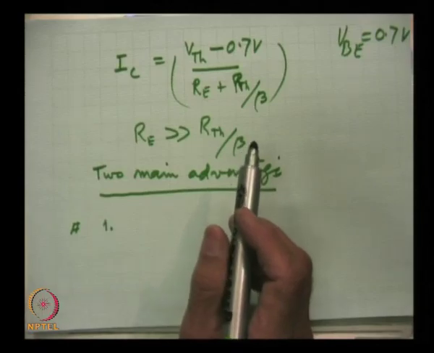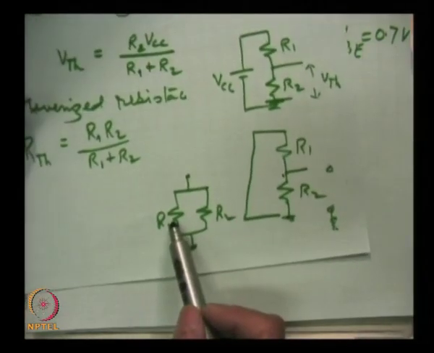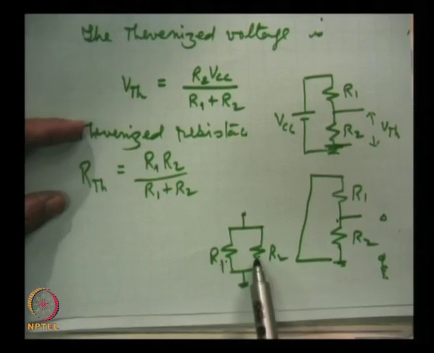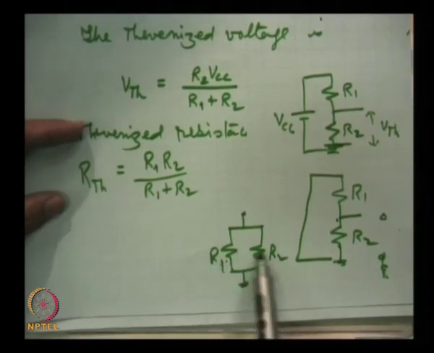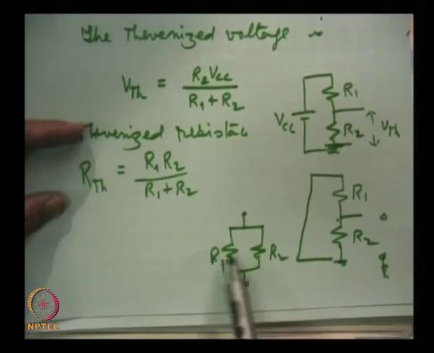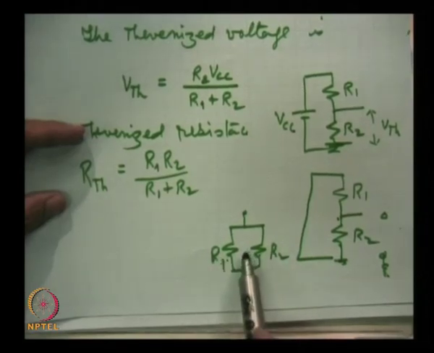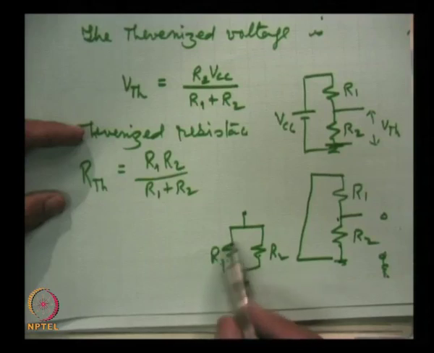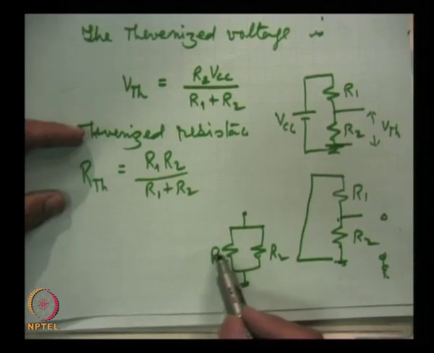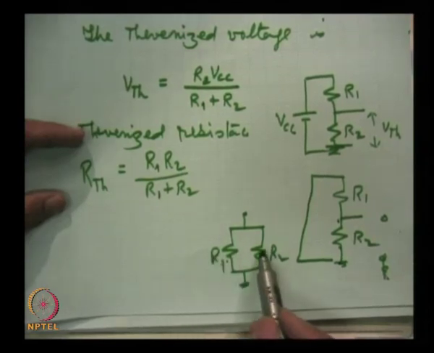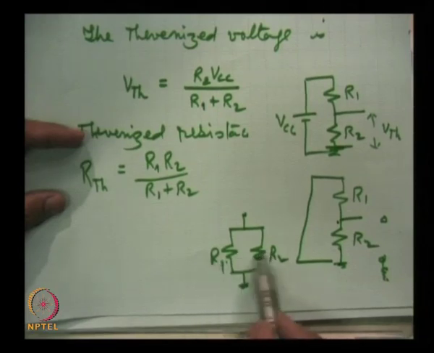We can see here that when two resistances are in parallel, then the effective resistance is smaller than either. That is the rule of parallel combination. If for example this is 100 kilo ohm, this is 50 kilo ohm, then the combination will be less than even the smaller resistance.